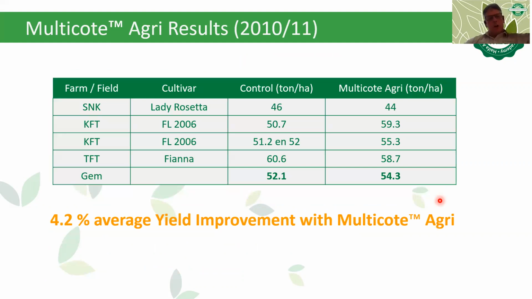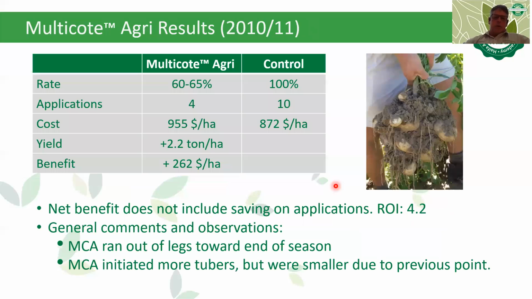This is an example from another farm. They had 4 sites where they developed, and in the first year that we worked with them, we started with a 4.2% yield improvement of only 2 tons. What was important, we did the financial analysis at the end.